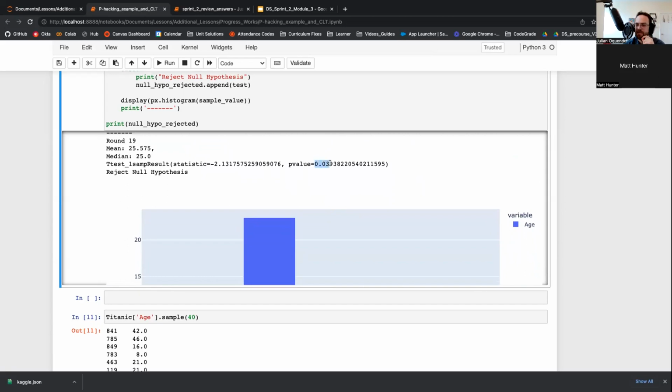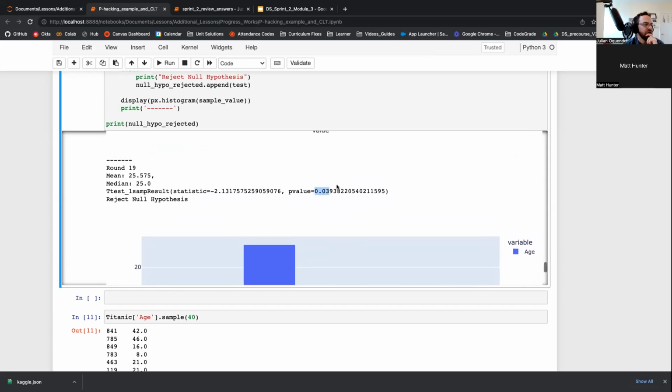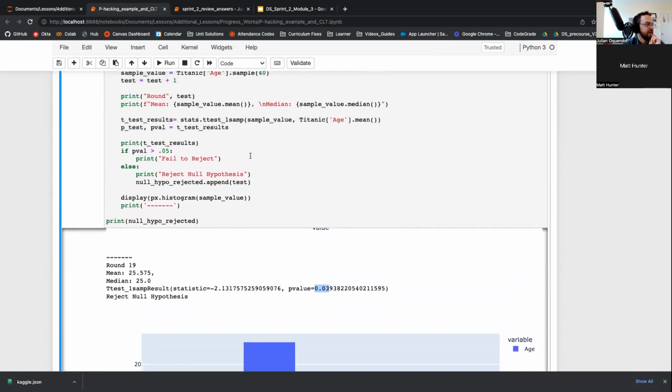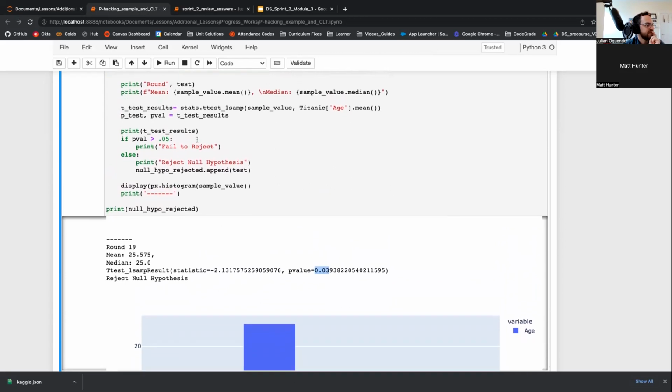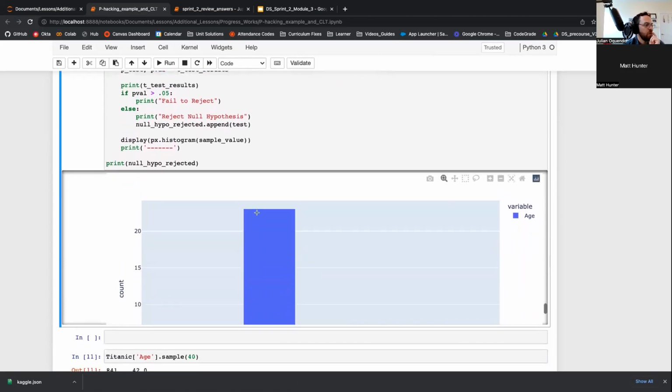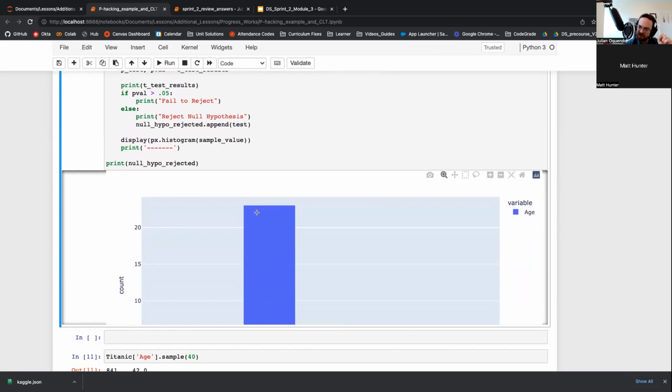So here you see that there's a p-value of below 0.05. This is the only instance where the sample was very much on the outlier of the distribution itself, of the t-distribution.